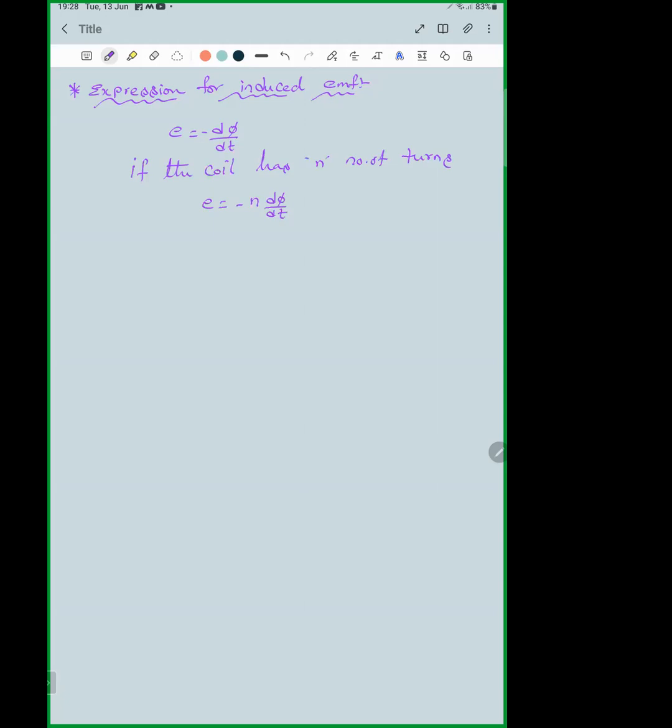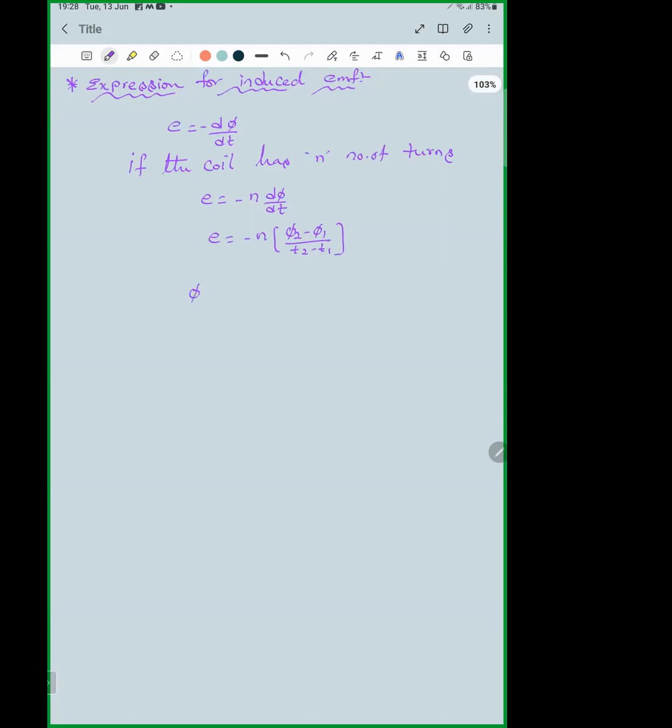Otherwise, you can write this formula as E is equal to minus n into d phi by dt. As we know, here phi is equal to BA cos theta. So then E can be written as minus n into d by dt of BA cos theta.